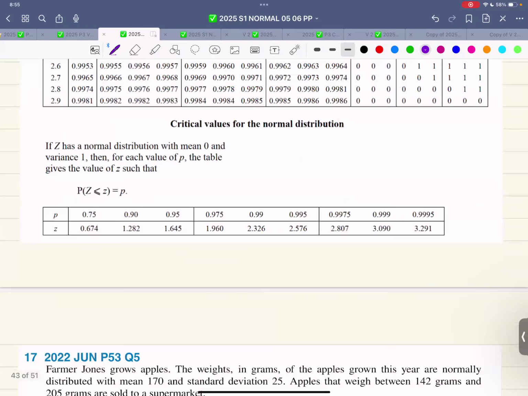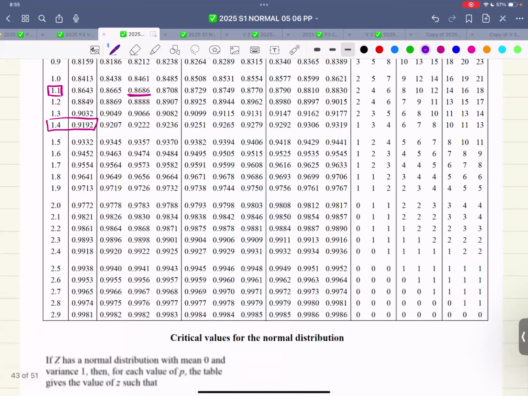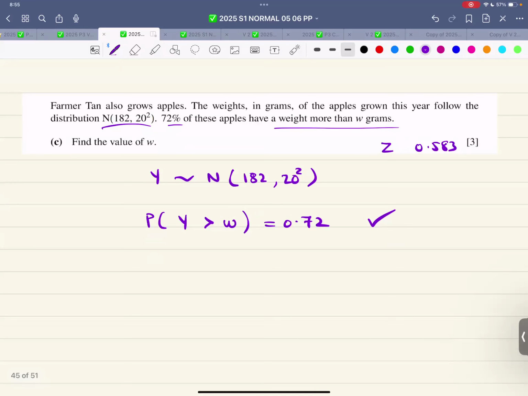So go to the table for 72%. So 71, 71, 71, 90. This is corresponding to 0.58, and 10 falls under 3. So that is 0.583. So that is what we are getting. So the Z value is 0.583.